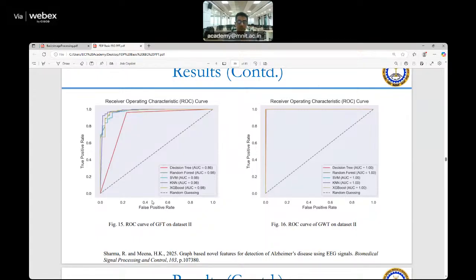On data set 2, the performance of GFT and GWT is shown to you.